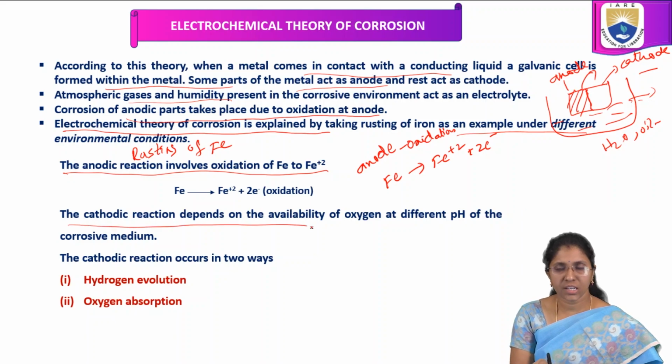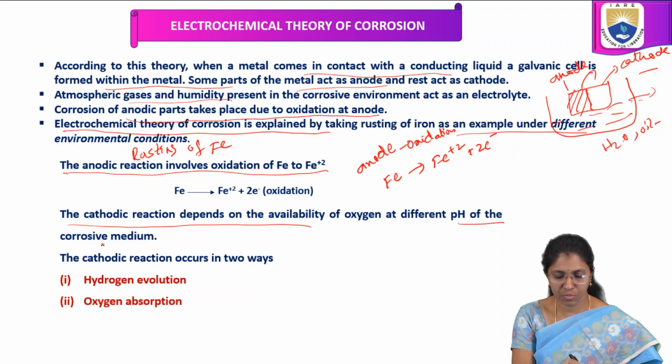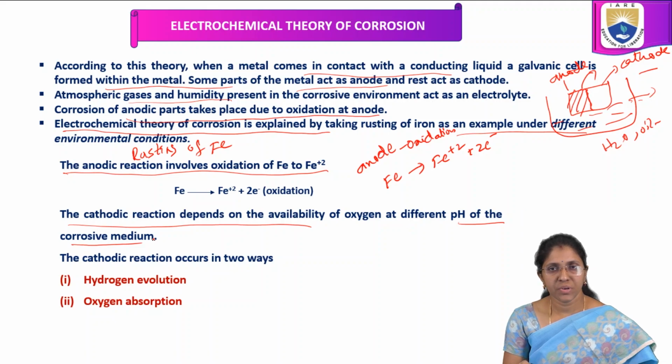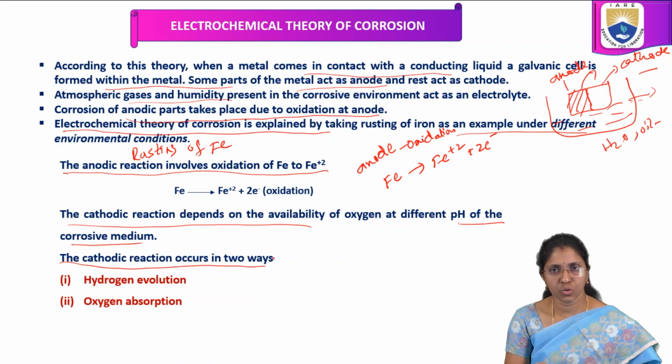The cathodic reaction in electrochemical corrosion depends on the pH of the corrosive medium and on the availability of oxygen. The cathodic reaction occurs in two ways.